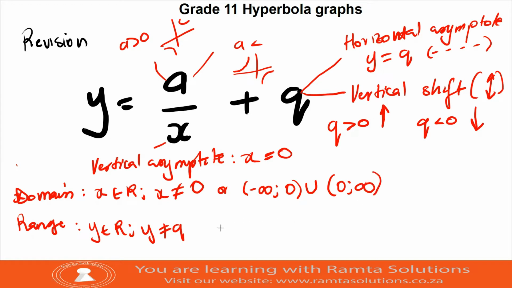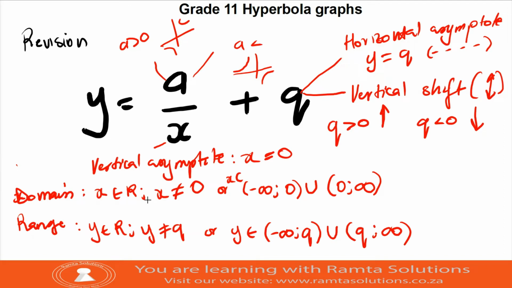And your range, you would say y is an element of, from negative infinity to q, remember it doesn't include the q, hence the normal brackets, then from q to positive infinity. But I prefer the first one.